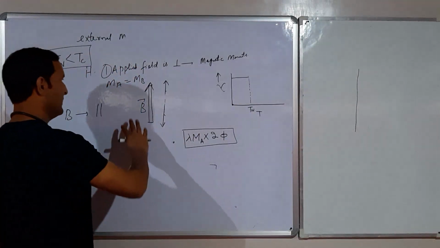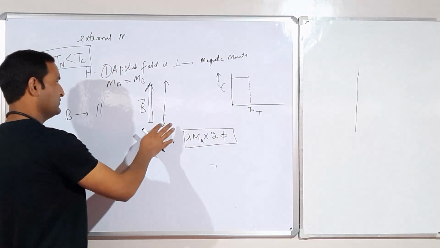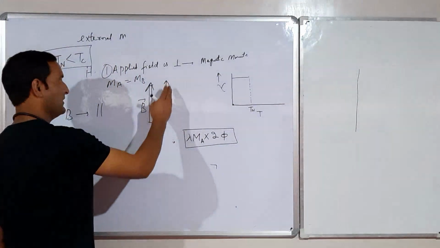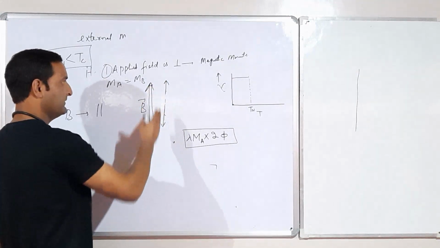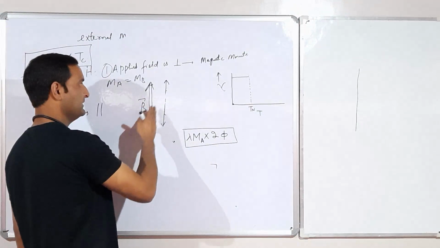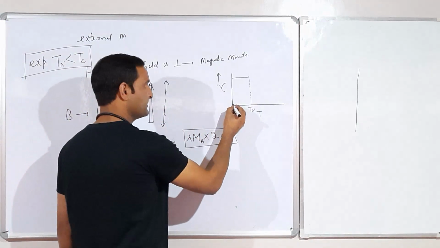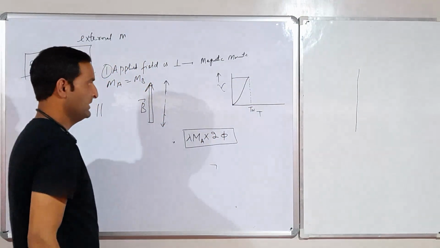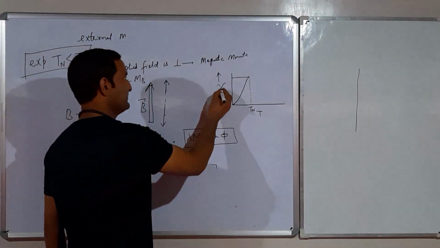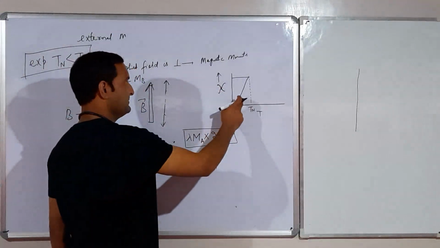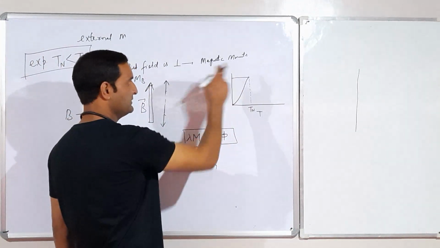If the value of the magnetic field increases, the spins tend to move in the direction of the magnetic field, so the magnetization increases as the magnetic field increases. It starts from 0 and reaches a certain value. Most of the materials show this behavior and some materials show that behavior.